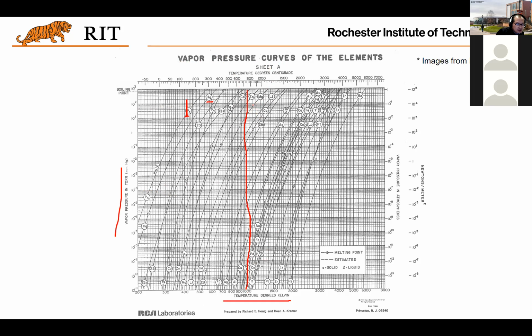If the current pressure is lower than what you have on this curve, that means there will be vaporization. Otherwise, there will be no such vaporization, and you can safely use it, right? That's how you utilize this chart to do some computation.